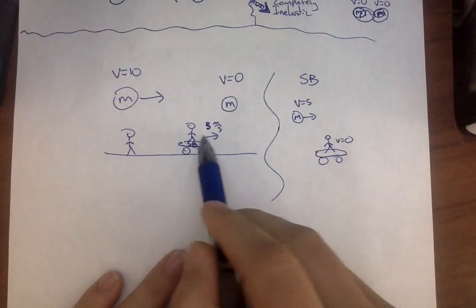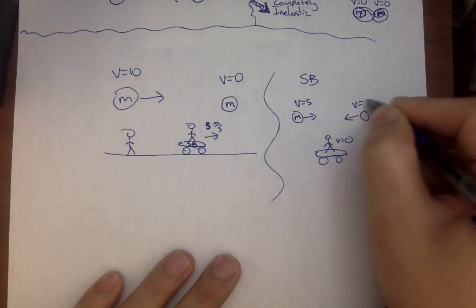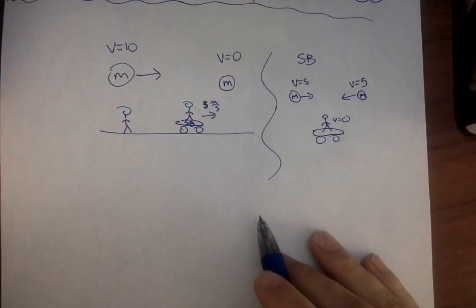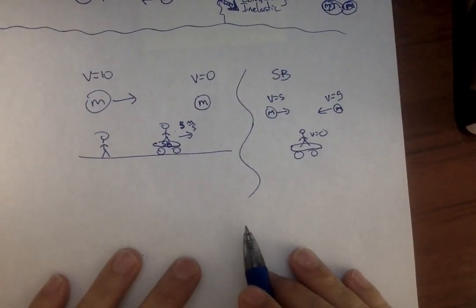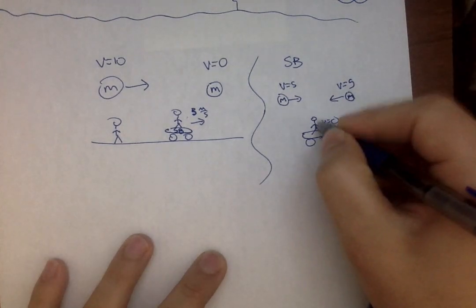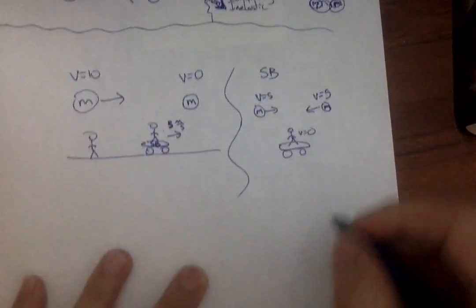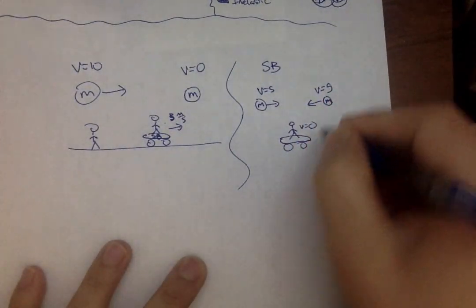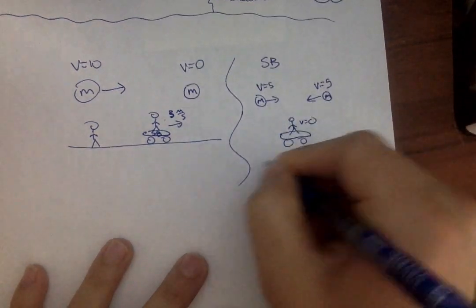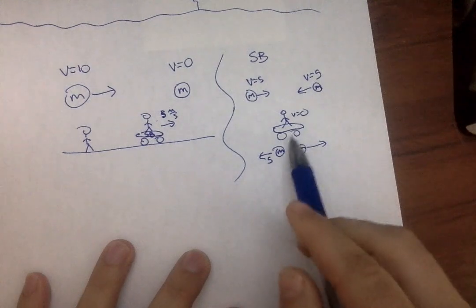And he also sees the left ball approaching him at 5 meters per second. Okay, so let's pretend this is going to be a totally elastic collision. If it's a totally elastic collision, we know the result because we already discussed it up here. They are both going to rebound at 5 meters per second.